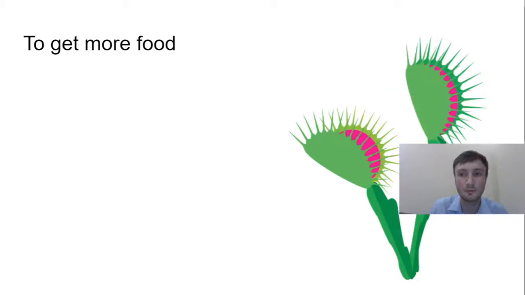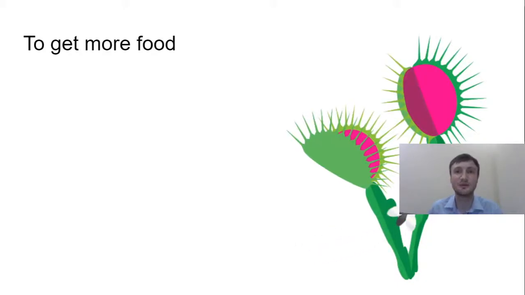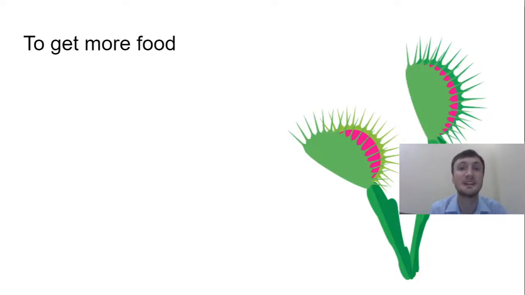Ooh. So this is the Venus flytrap. Okay, so this is a carnivorous plant. That means it eats animals, but it eats little flies. Okay. So why do you think a plant would have adapted to eat flies?